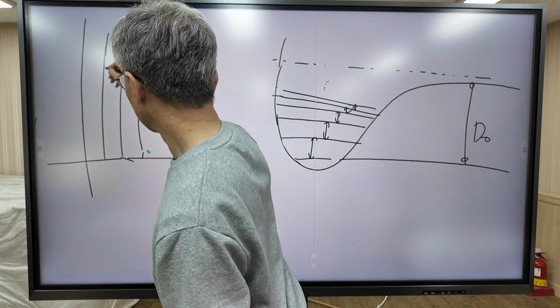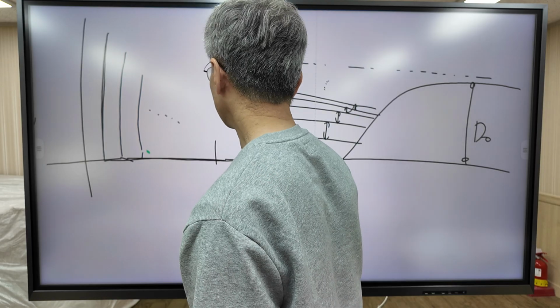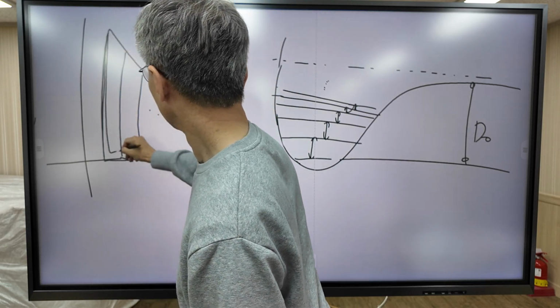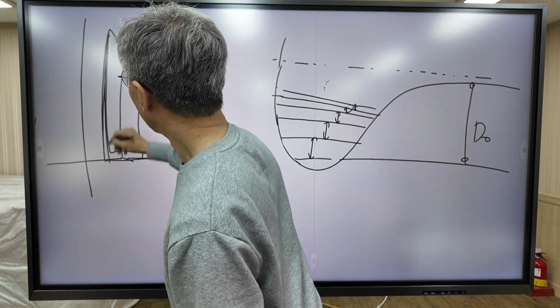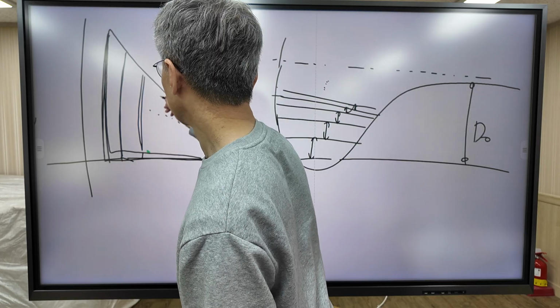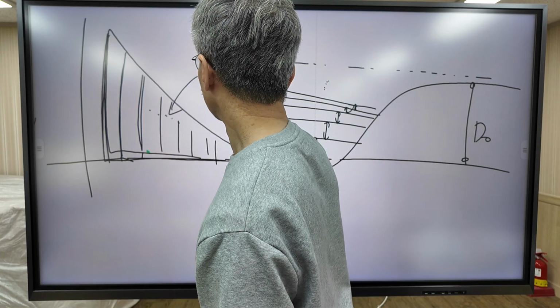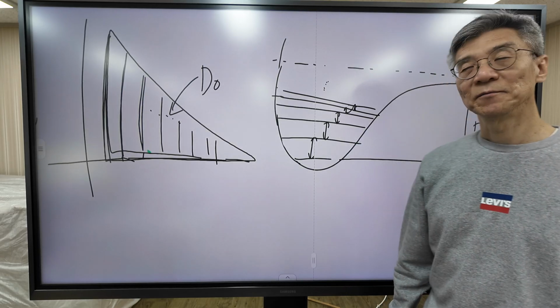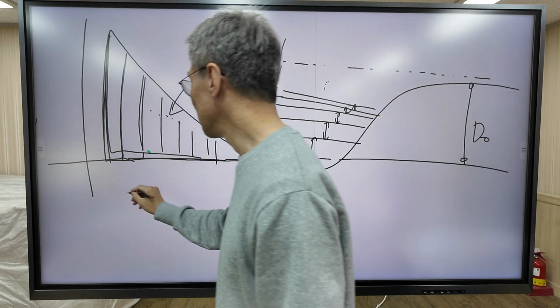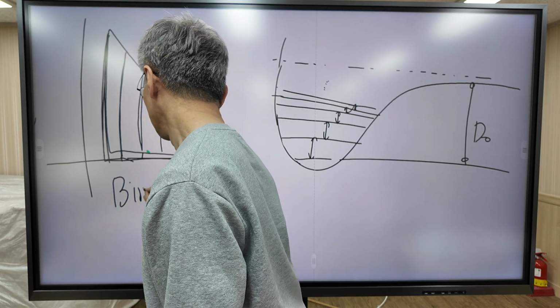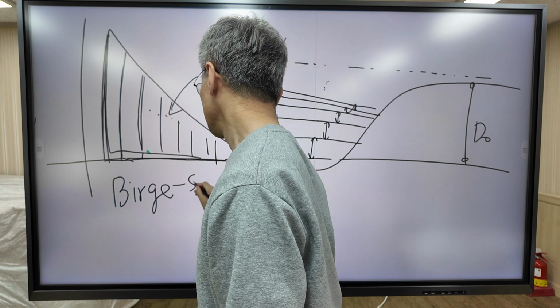So when you draw, you can draw a right triangle. When you add up all the transitions, you can obtain the bond dissociation energy. This plot is called the Birge-Sponer plot.